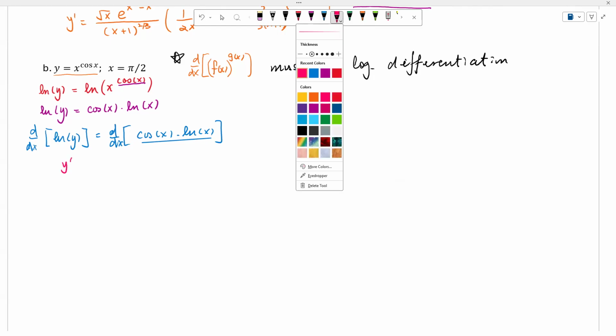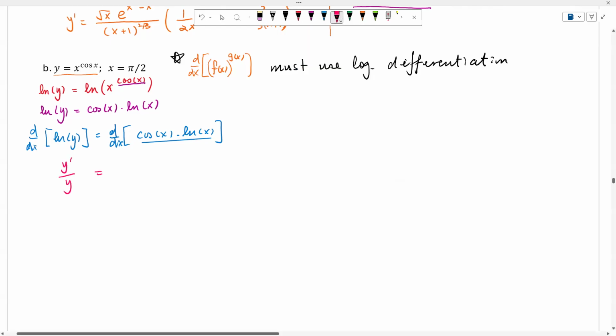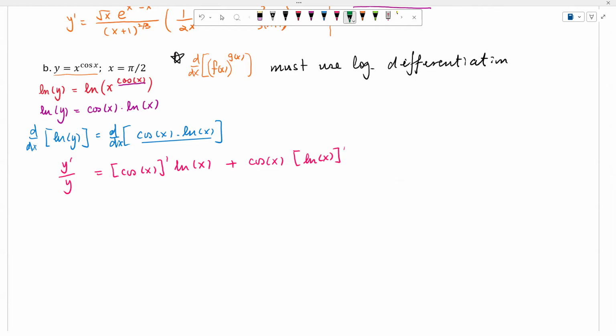So the left side, I have y prime over y is we take the derivative of cosine of x times natural log of x plus cosine of x times the derivative of natural log of x. And I will have y prime is y times the derivative of cosine of x is negative sine of x, natural log of x, plus cosine of x.